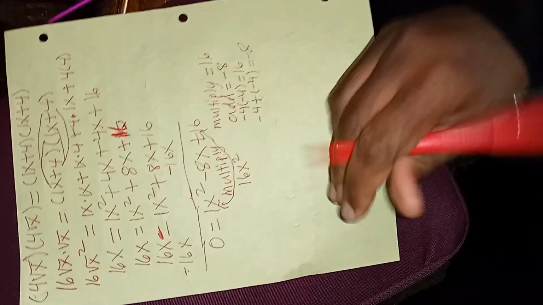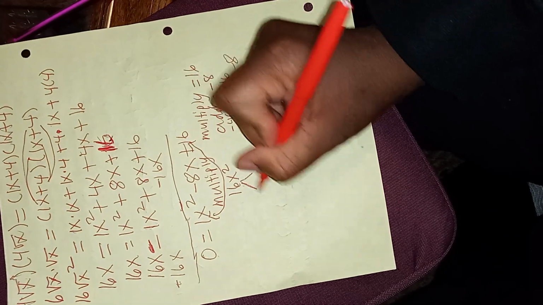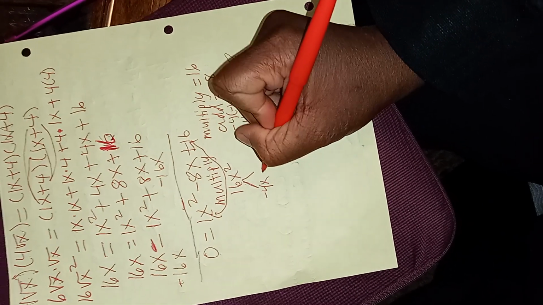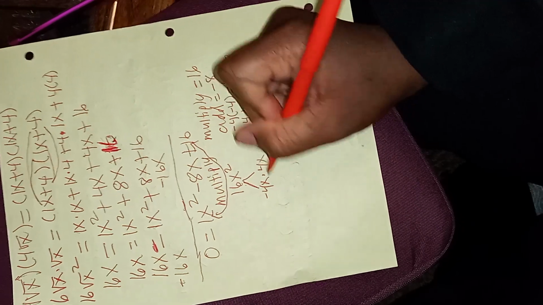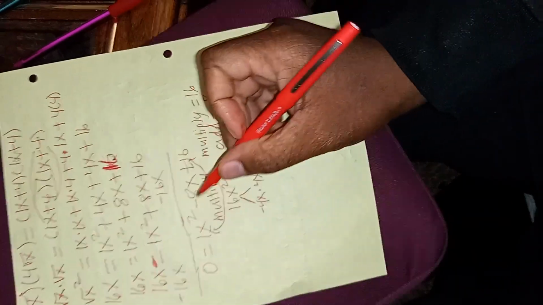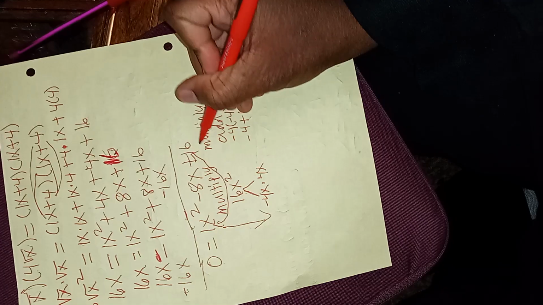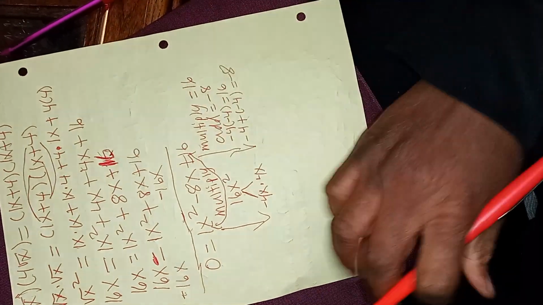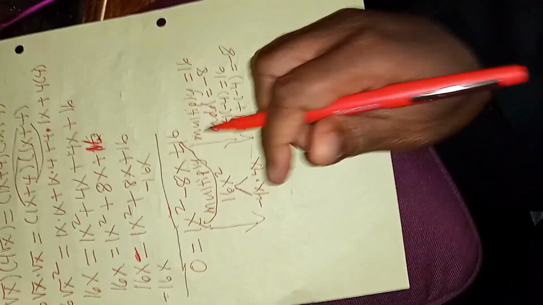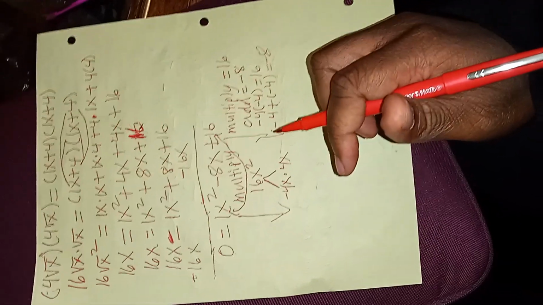So this is going to turn into negative 4x times negative 4x, which will give you 16x squared. And we bring down our outer terms, and then we will continue factoring by grouping.